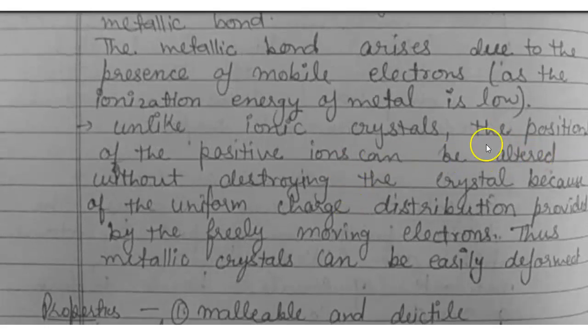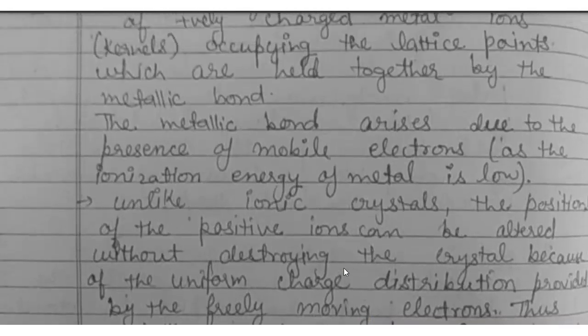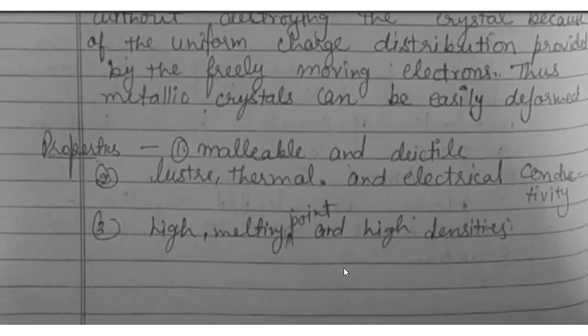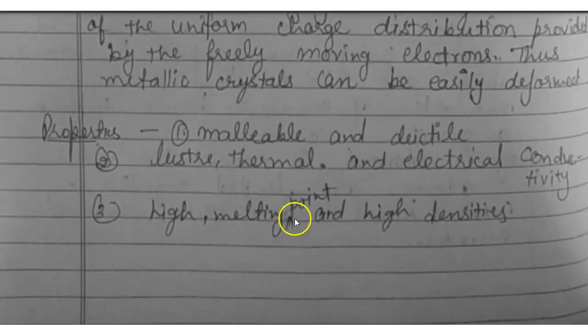Unlike ionic crystals, the position of positive ions can be altered without destroying the crystal because of the uniform charge distribution provided by the freely moving electrons. This metallic crystal can be easily deformed. Now the properties: it is malleable and ductile. Malleable means it can be converted into thin sheets, and ductile means it can be converted into long wire.